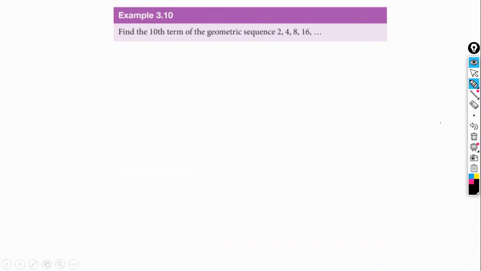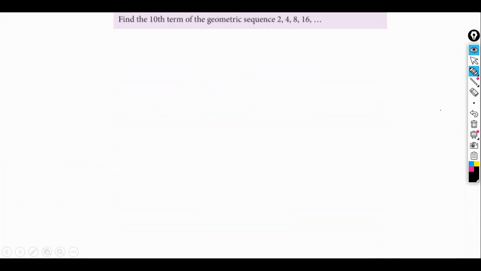So next we have example 3.10, and it says, find the 10th term of a geometric sequence 2, 4, 8, 16, etc. Now this tells us that the common ratio for this geometric sequence is 2. Notice that 2 times 2 is 4, 4 times 2 is 8, 8 times 2 is 16. So this is our common ratio. And we also have the first term.